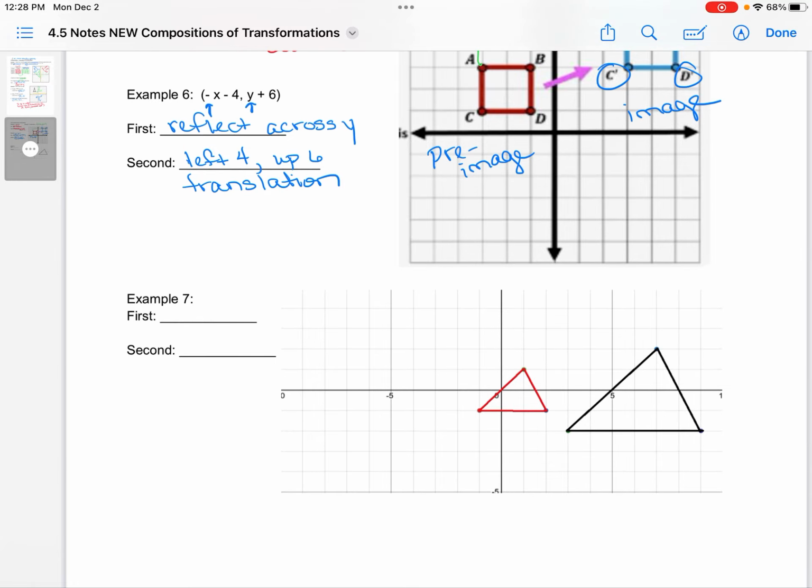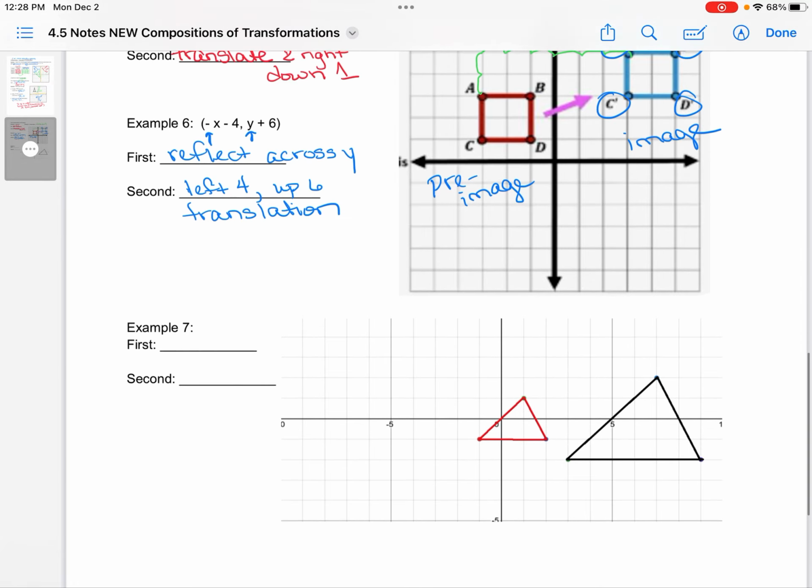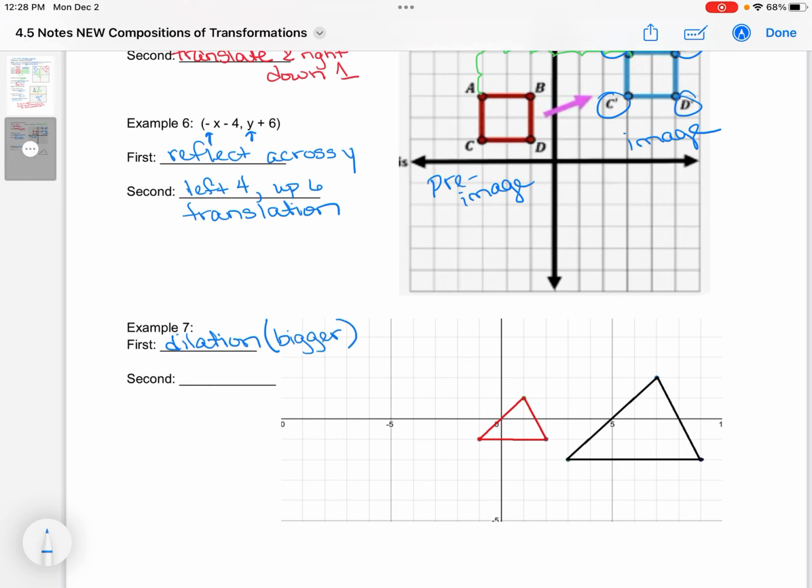All right, and example number 7, we haven't really talked about dilations yet, but it got bigger, so we're going to assume that there was a dilation, and we'll talk about those next lesson, because it got bigger, and then it got translated.